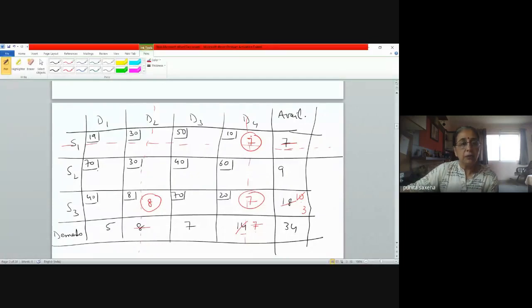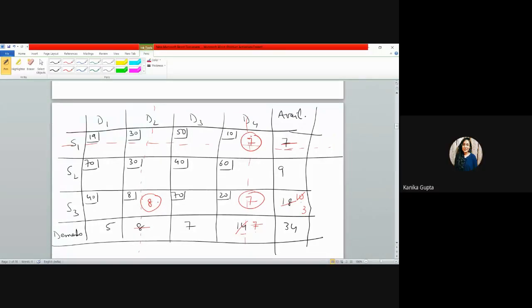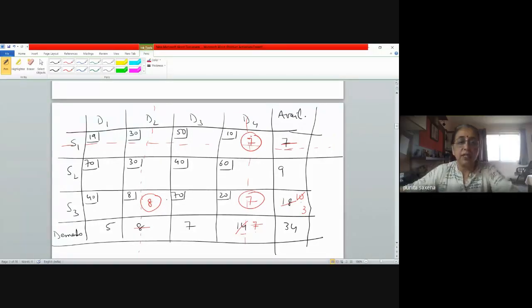Now compare between 70, 40, 40, 70. Which is the minimum? What is the next minimum cost here? 40, right? But 40 occurs at 2 places.